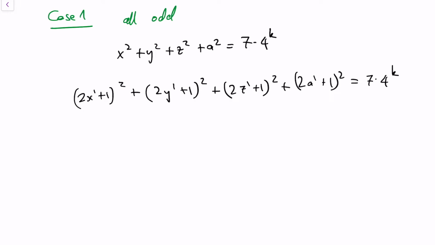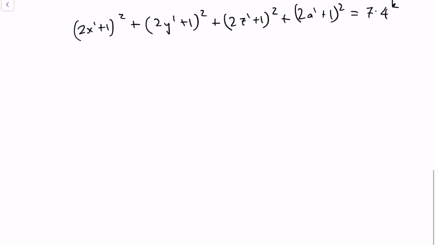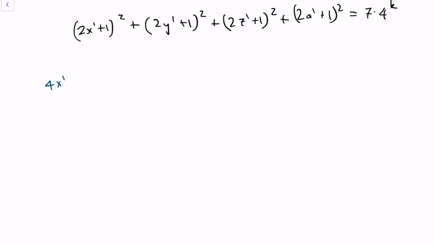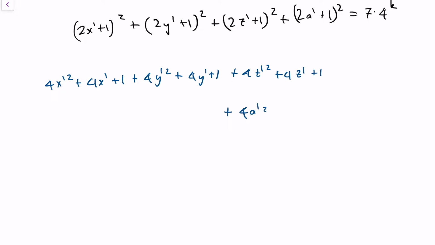Now if we expand this and simplify, we get 4x dashed squared plus 4x dashed plus 1, plus 4y dashed squared plus 4y dashed plus 1, plus 4z dashed squared plus 4z dashed plus 1, plus 4a dashed squared plus 4a dashed plus 1, and that's equal to 7 times 4 to the power of k.